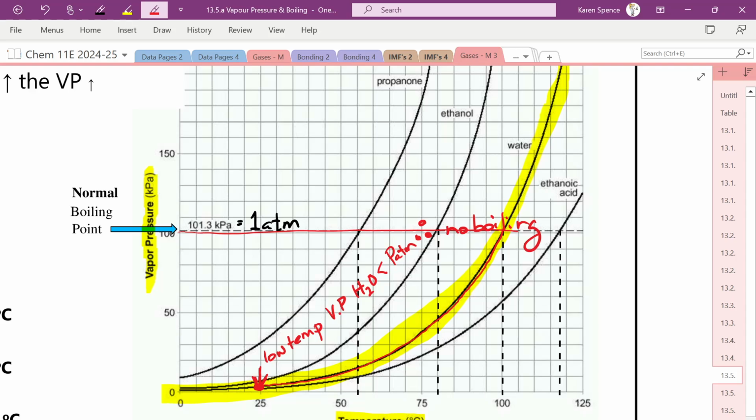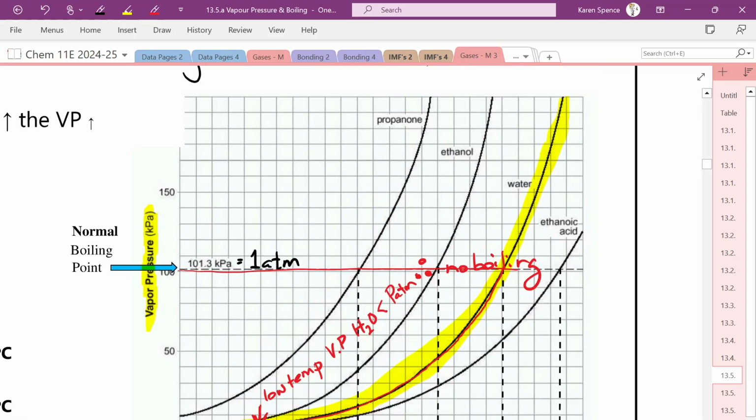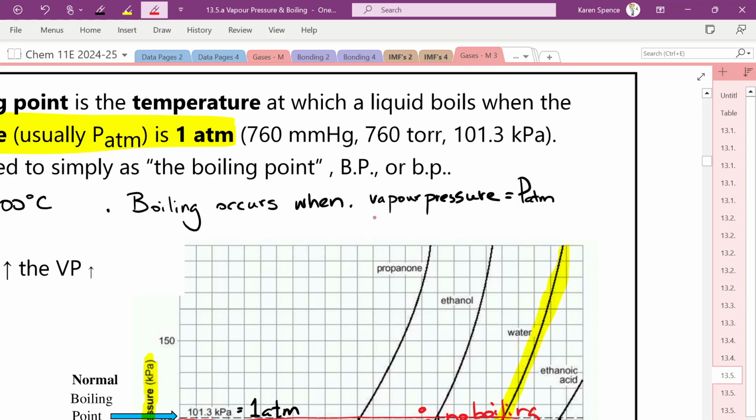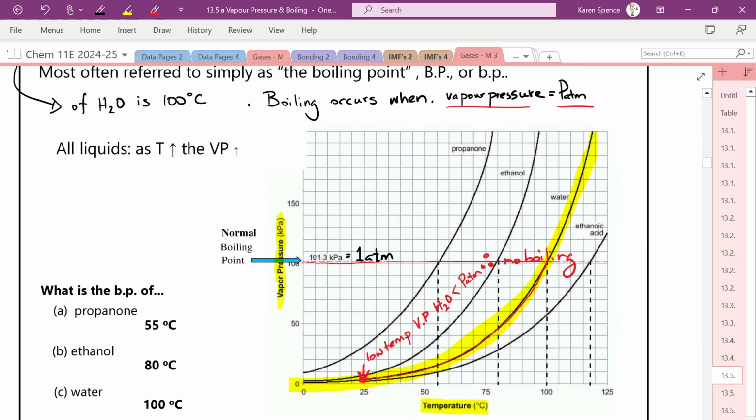Now, different substances have different boiling points. Okay, so boiling occurs when vapor pressure is equal to the pressure of the atmosphere. So as you go up a mountain, what happens to the atmospheric pressure?